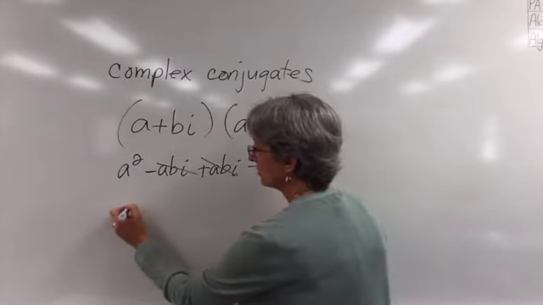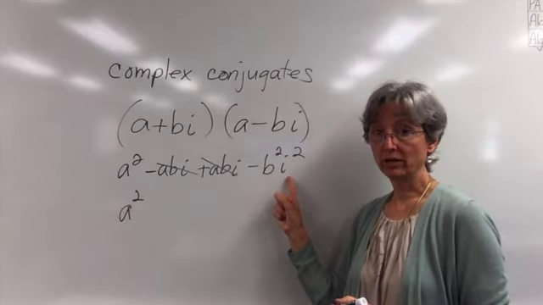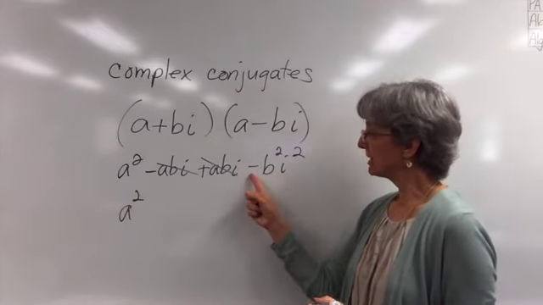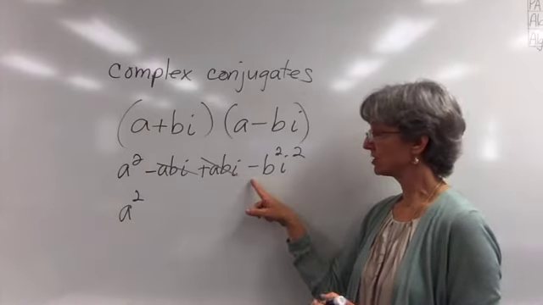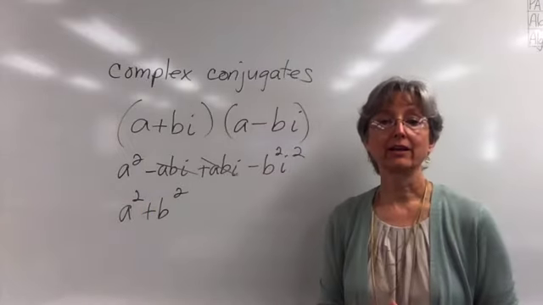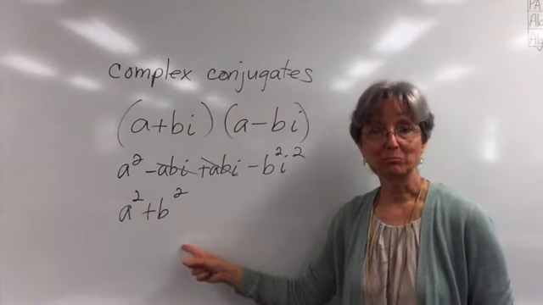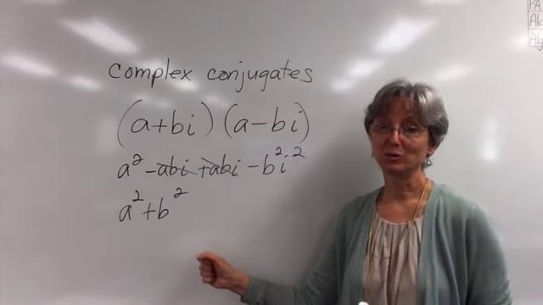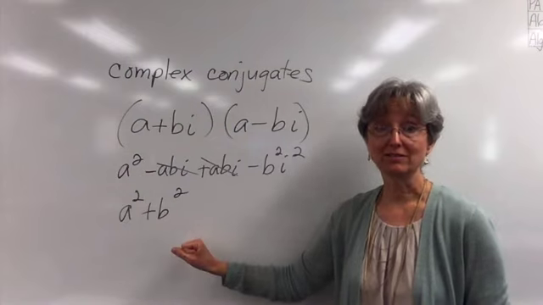So I have a squared, and remember i squared is just -1, isn't it? So instead of being negative b squared i squared, this i squared changes this to a positive, and this becomes a squared plus b squared. So we're going to use that to factor. But that's what a complex conjugate does.